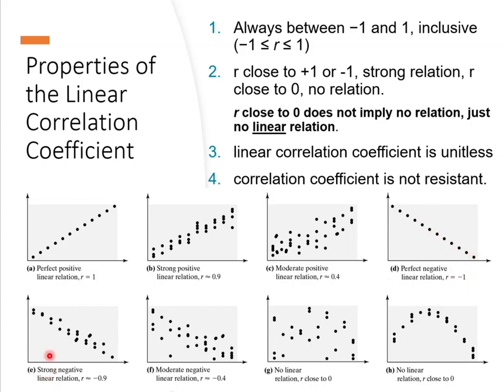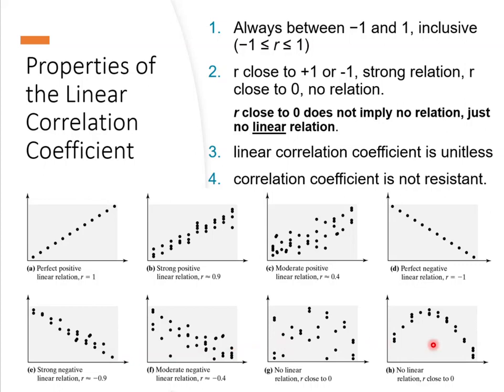We can see here for graphs E and F a similar concept as we saw above, that as the points of my scatter plot start to disperse, the value of r is going to get closer to 0. So here we have a -0.9, so it's pretty close to that perfect -1. But then again, as we move over here, notice that these dots are all starting to spread out and we're back down to a negative 0.4. So that negative value is indicating the direction that the line is falling.